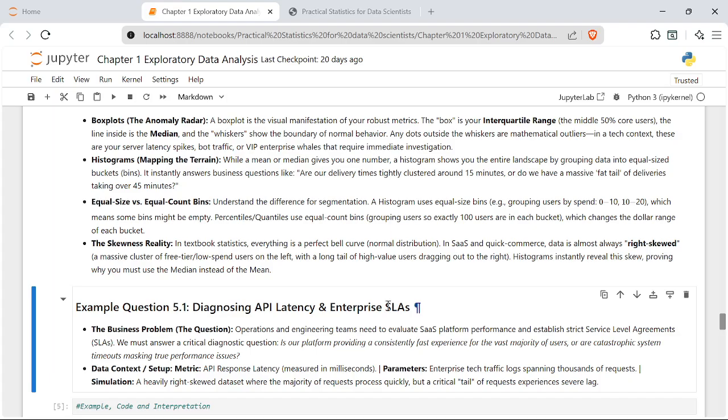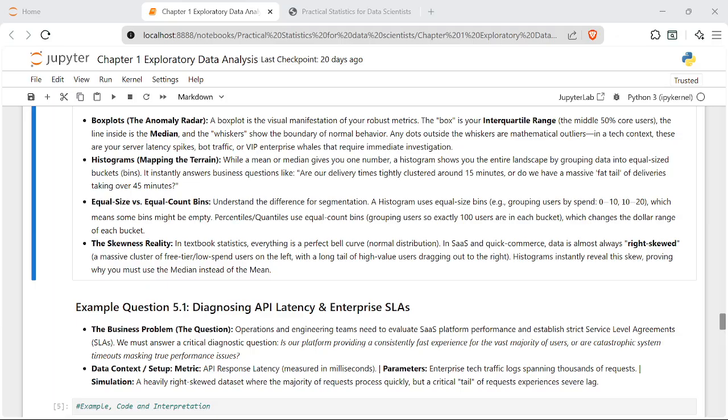Okay. The skewness reality. In textbook statistics, everything is a perfect bell curve, a normal distribution.